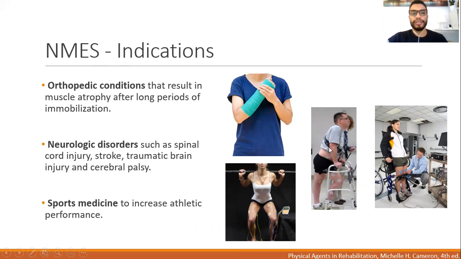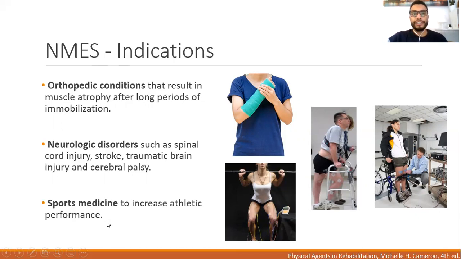This can help individuals during gait training, for example, or when standing up from a wheelchair or a platform. It can be used in sports medicine to increase athletic performance. So even in healthy subjects, it could be applied.